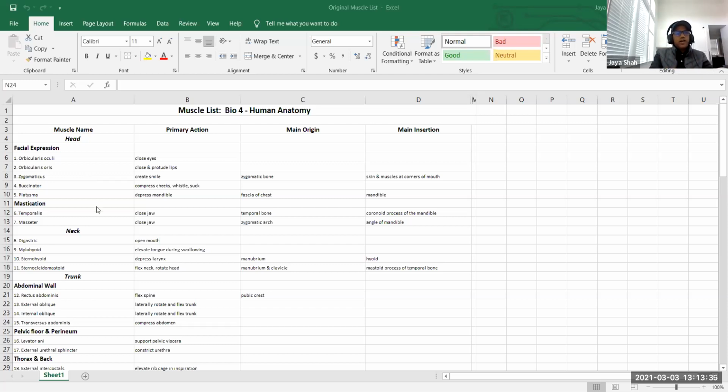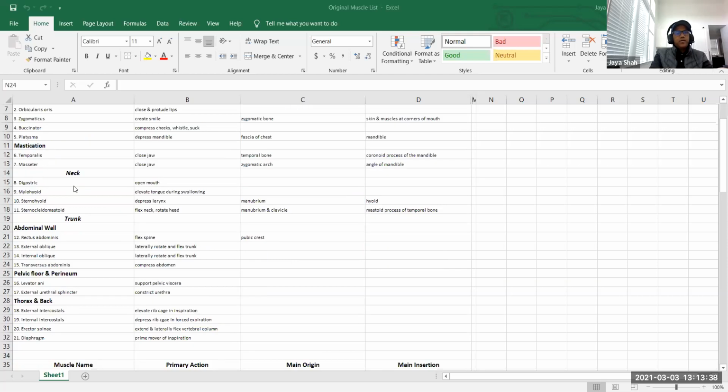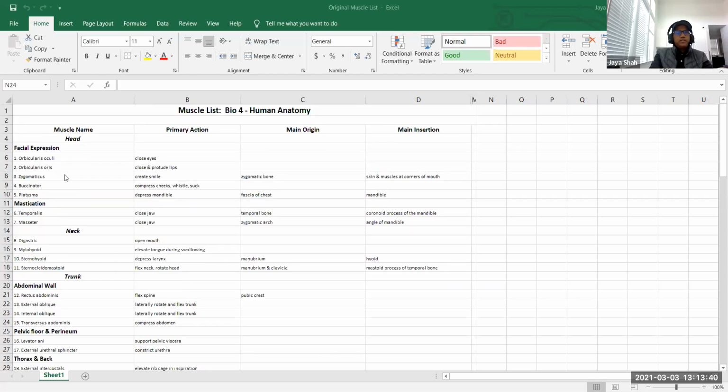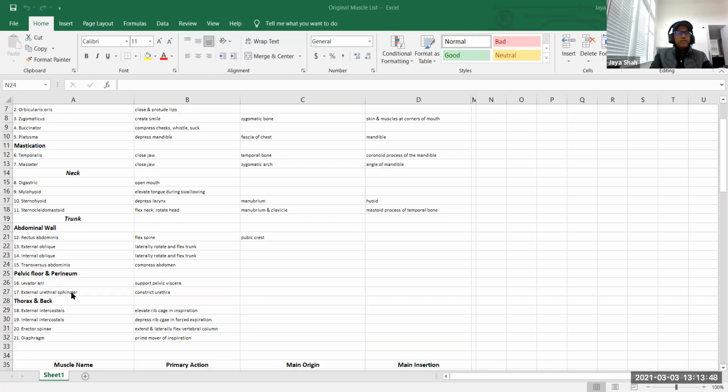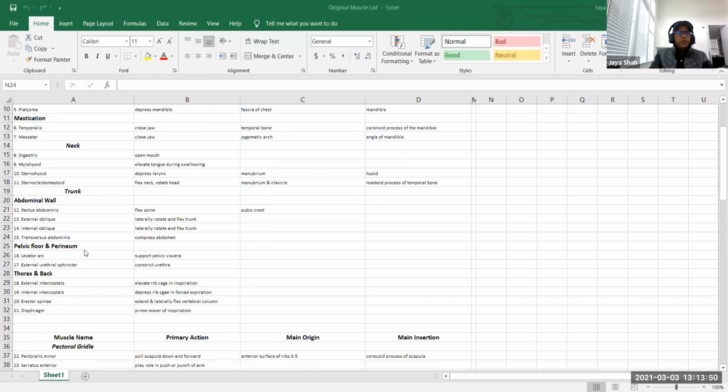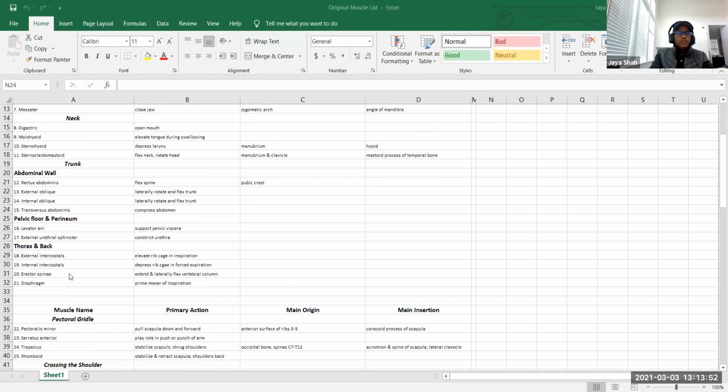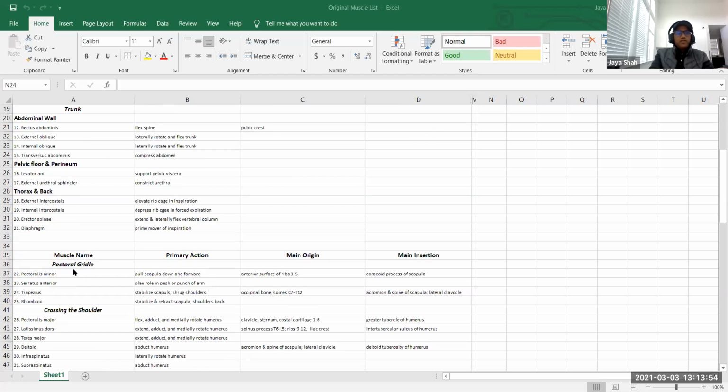Similarly, all the muscles are in orange here. So in the face and head, you have muscles of mastication, muscles in the neck, muscles in the trunk, muscles in the abdominal wall, pelvic floor and perineum, thorax, and muscles in the pectoral girdle. Pectoral girdle means the upper limbs and shoulder girdle. So muscles in the pectoral girdle are pectoralis major here.